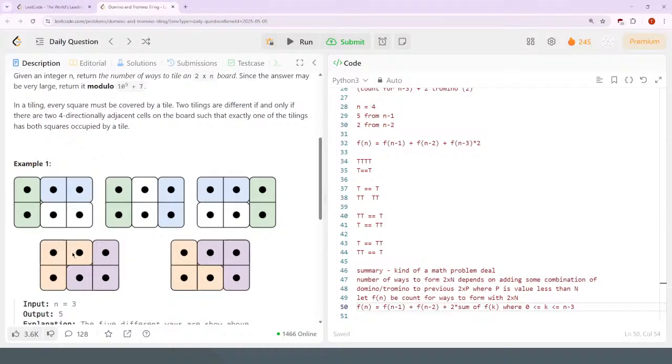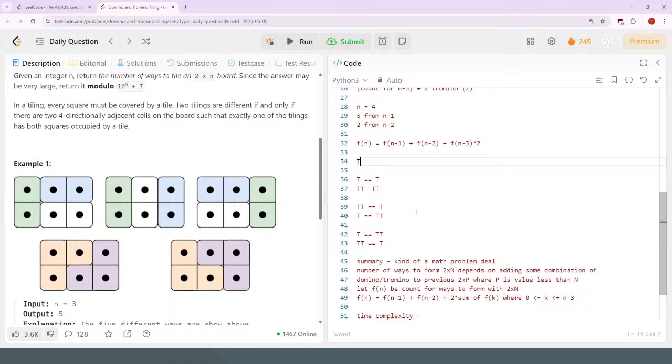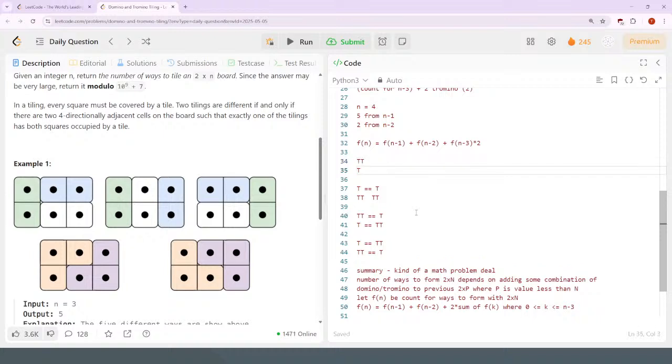The reason is that if you had something like n is 4, then for each count where k is n minus 3 and smaller, you can have some version where the Trominos are arranged into L shapes like this, that's n minus 3 away, or the Trominos can be arranged into L shapes like these, that's 4 away, and then they can be arranged into L shapes at the end, and that's 5 away.